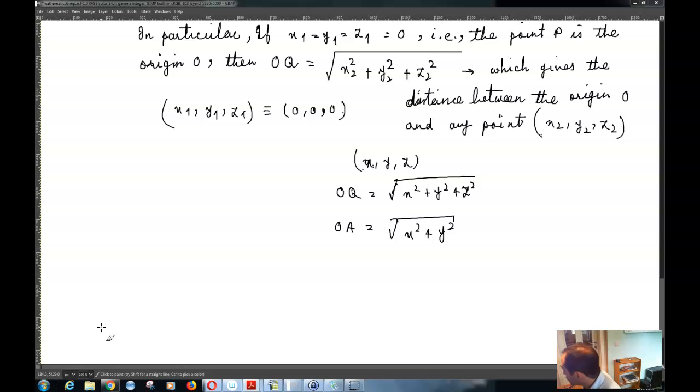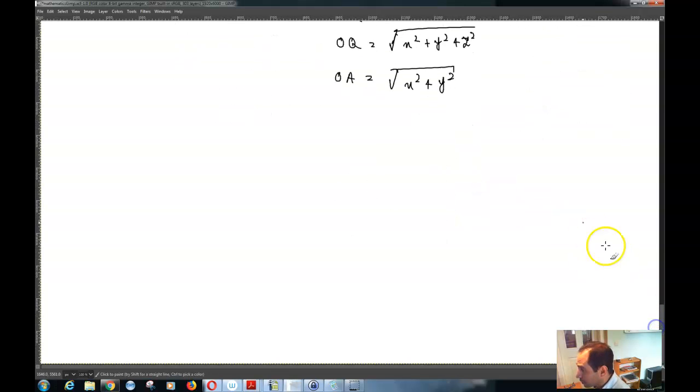For example, you want to find the distance between 2 points P and Q. Let's say the points are P with coordinates 1, -3, 4.